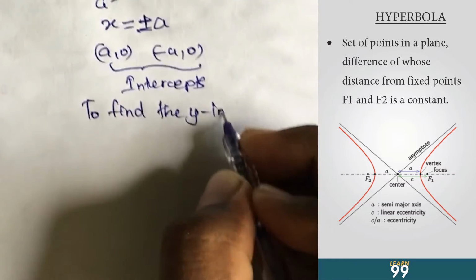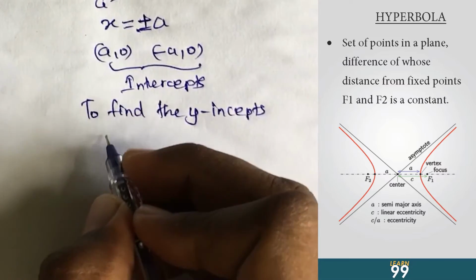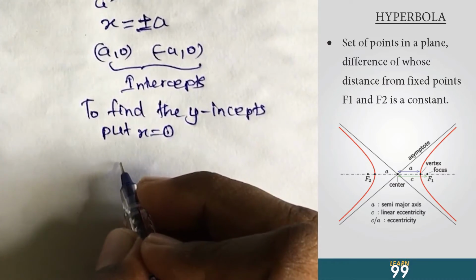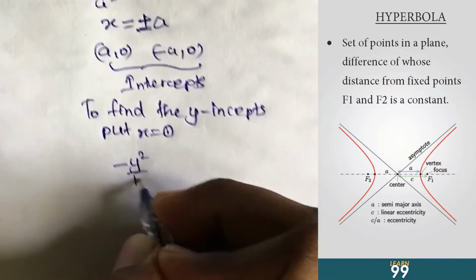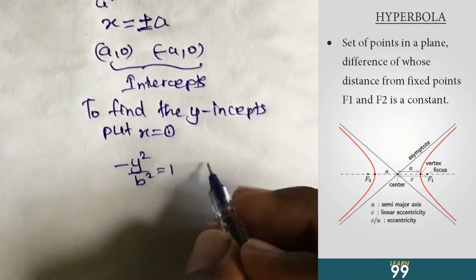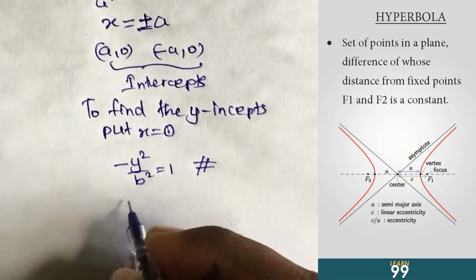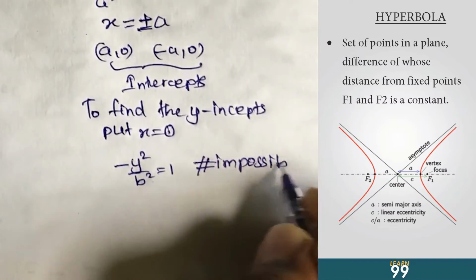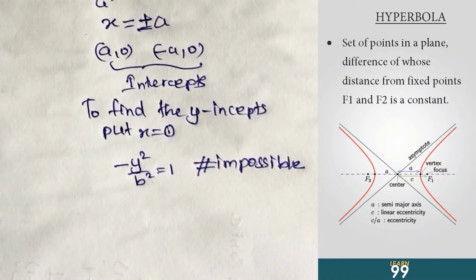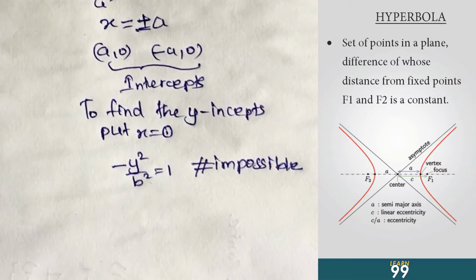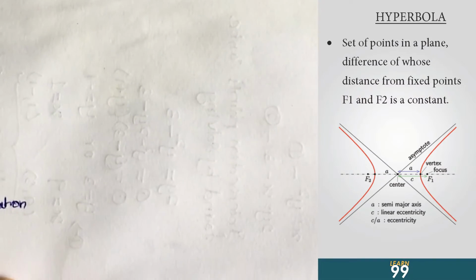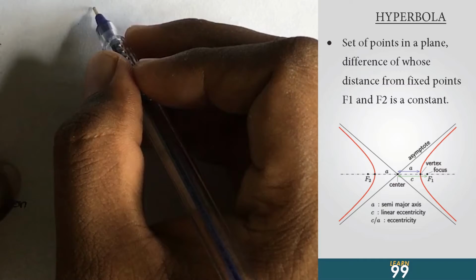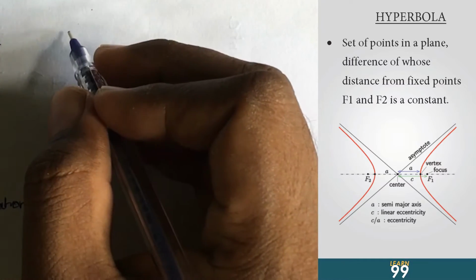Also we can find the y-intercepts. But how? Setting the value x equals naught. Once you do that, you can figure out that it's impossible, because a square never gets a minus value, which means there are no y-intercepts in our graph.